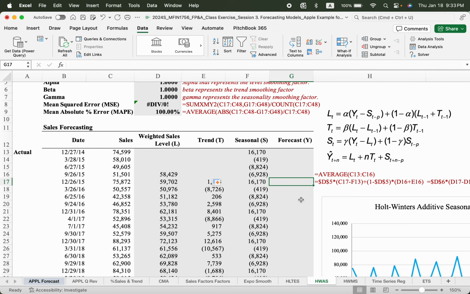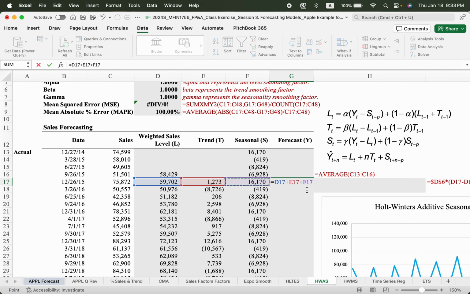So here we can just add these three. Oh, oops, my mistake. Here, Dt plus Nt plus S(t plus n minus p). Then how do you get it?